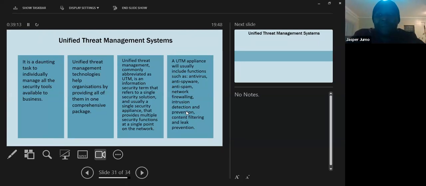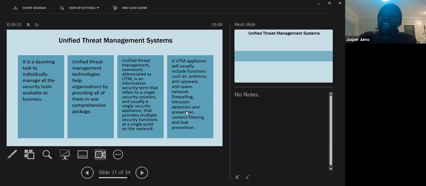Normally companies will buy a separate antivirus, a separate firewall, a separate intrusion detection system, maybe a separate router, and then they set up all these things to make sure that the network of the company is secure.